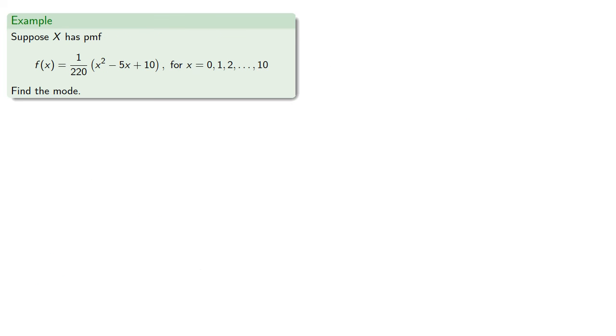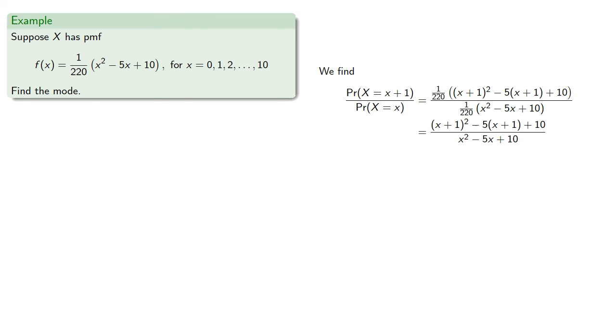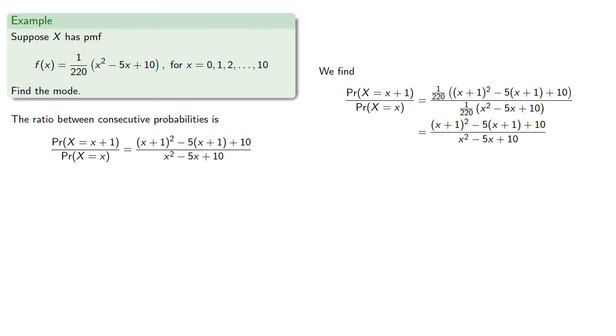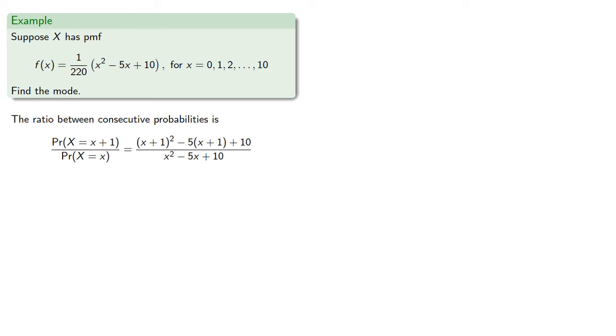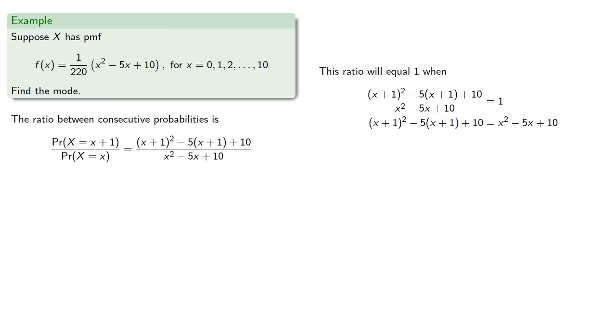It's important to go through this analysis, because if you don't, well, let's see what happens. Suppose x has a probability mass function. We'll find the mode. So we'll find that ratio between consecutive probabilities, and then we'll set the ratio equal to 1 and solve.